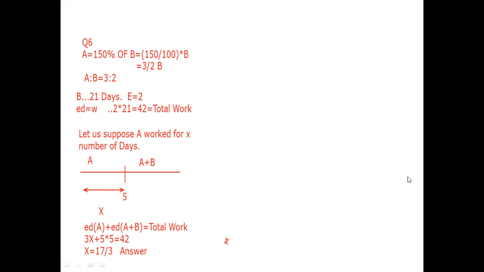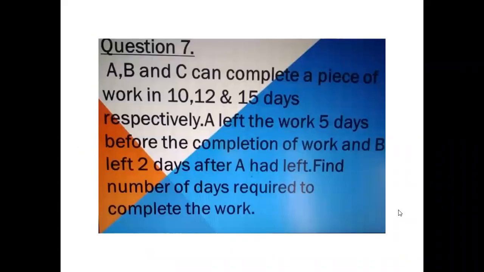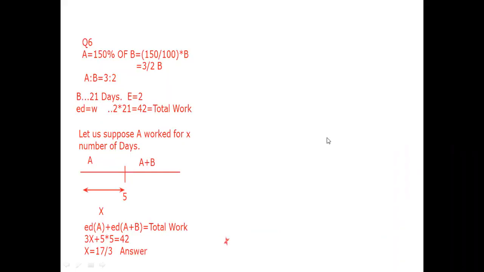Now we have an idea how much work has to be done. So now we can read this question like this: work done by A in X days, again using the formula E into D, plus work done by A and B in the last 5 days, again using the formula E into D, is equal to total work. Total work is 42.